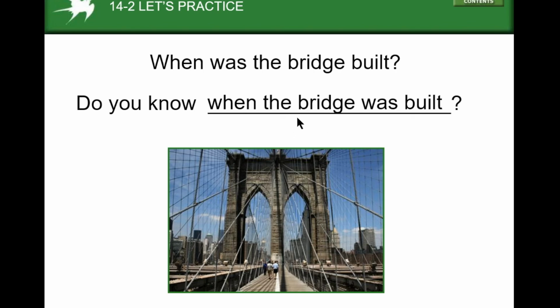When you have the noun clause, you need to use the noun clause word order. So you have the WH question word, and you have your subject, and then your verb. Do you know when the bridge was built?